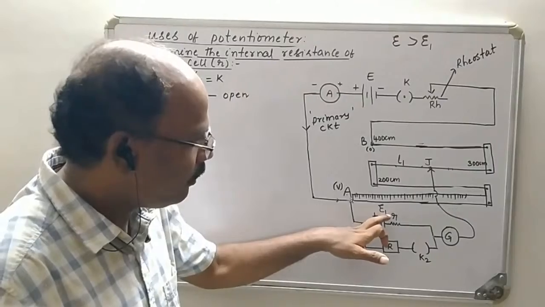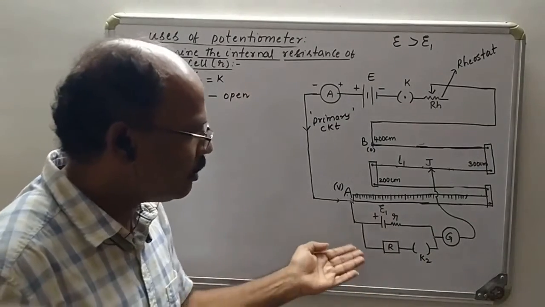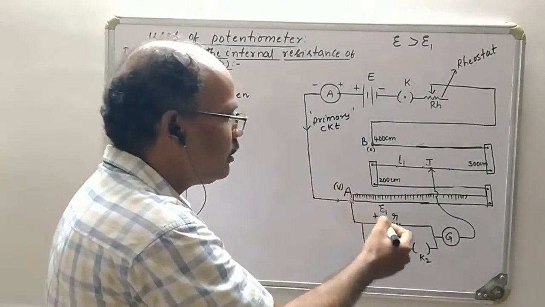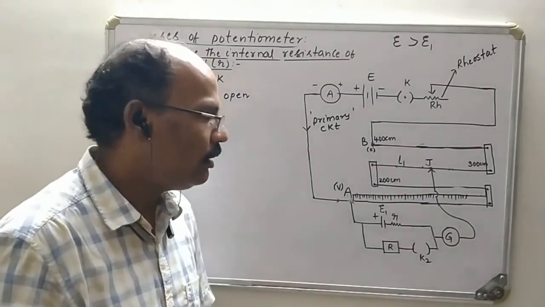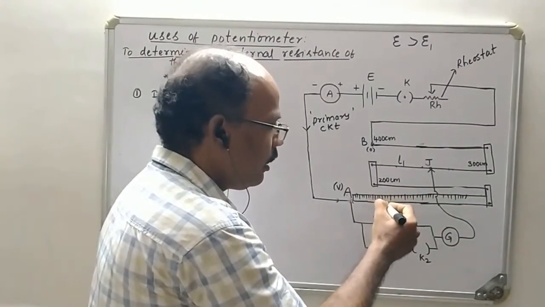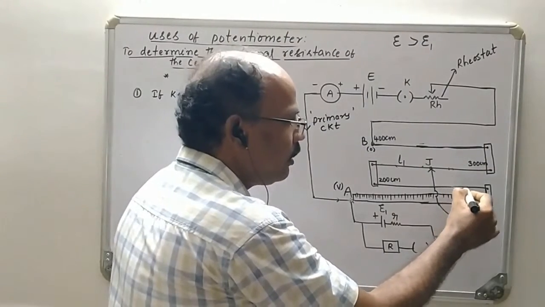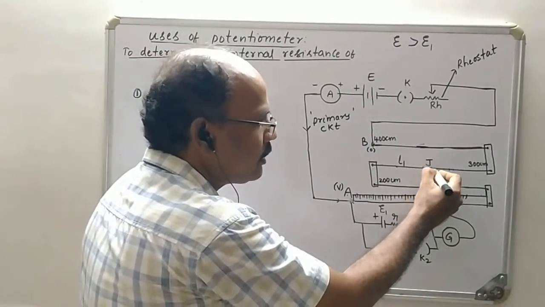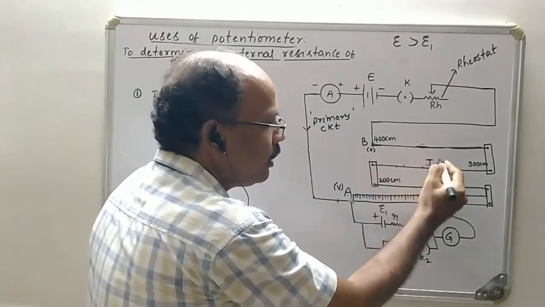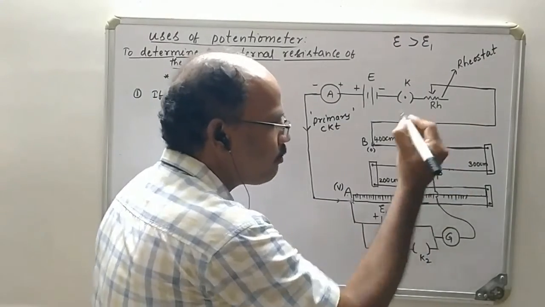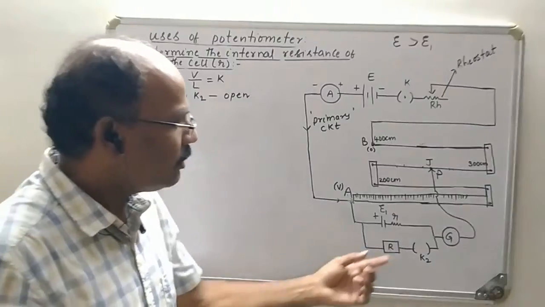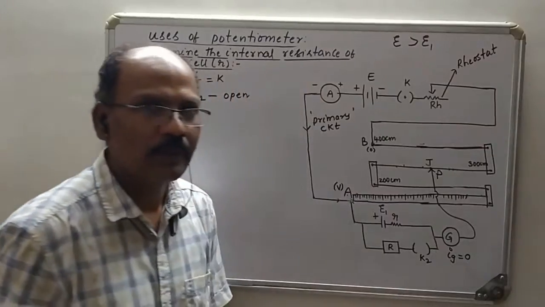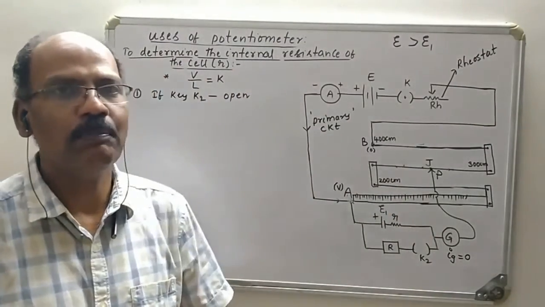Only the EMF E1 is coming into the closed circuit. The direction of the current is in this way. And the jockey J touches the manganese wire at different points. Let us say when the jockey J touches here, that point is represented as P. Then the current passing through the galvanometer is equal to 0. That point is called the null point.